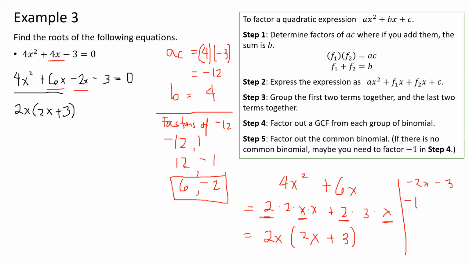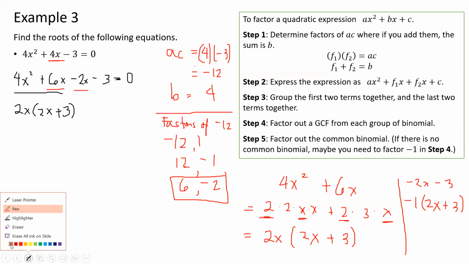Factoring out just a negative is enough, but for us to see it clearly, we can factor out negative 1, and the signs will be positive here. So negative 1 times 2x plus 3. And this is what we want here.